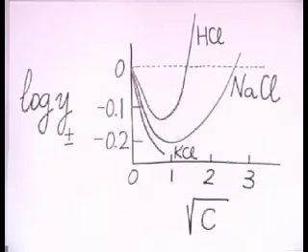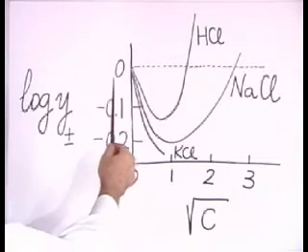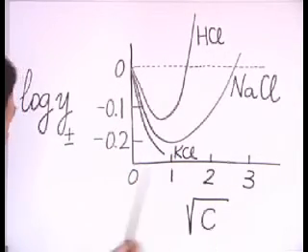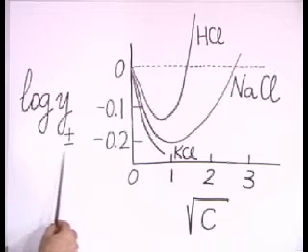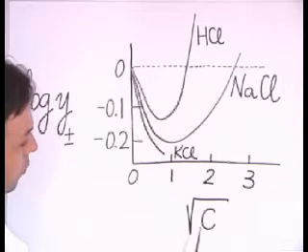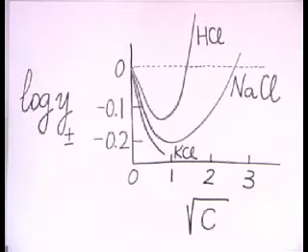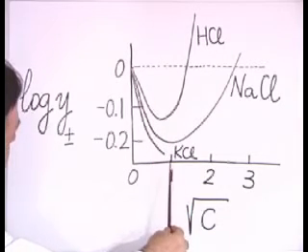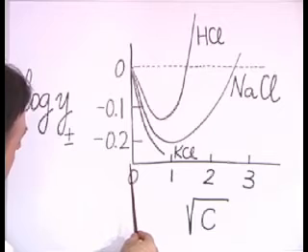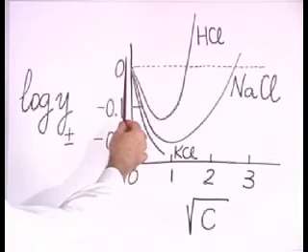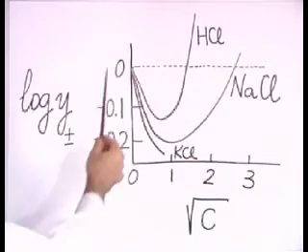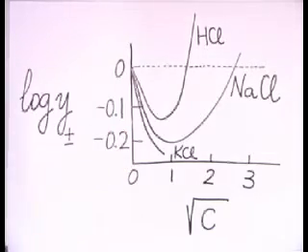This figure gives an idea for the experimentally found variation of the activity coefficient with concentration. In fact, the logarithm of the activity coefficient as a function of the square root of concentration is presented here. And this can be seen in all cases: as the concentration of the electrolyte approaches zero, the value of the activity coefficient tends towards unity, or the logarithm of the activity coefficient becomes zero.